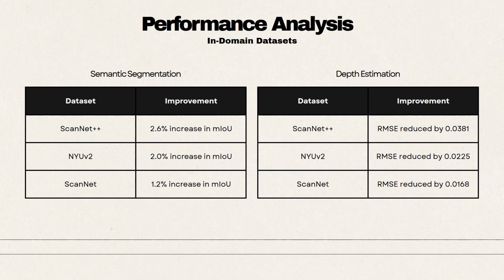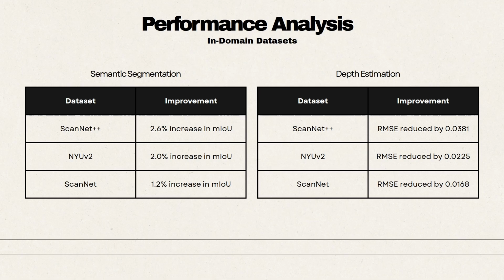Initial evaluations were conducted on datasets possessing a similar data distribution to the training data, specifically indoor scenes. For semantic segmentation, across ScanNet++, NYU-V2, and ScanNet datasets, the 3D aware features consistently yielded improved performance for DINOv2. For instance, on ScanNet++, a notable gain of 2.6% in mean intersection over union was observed.